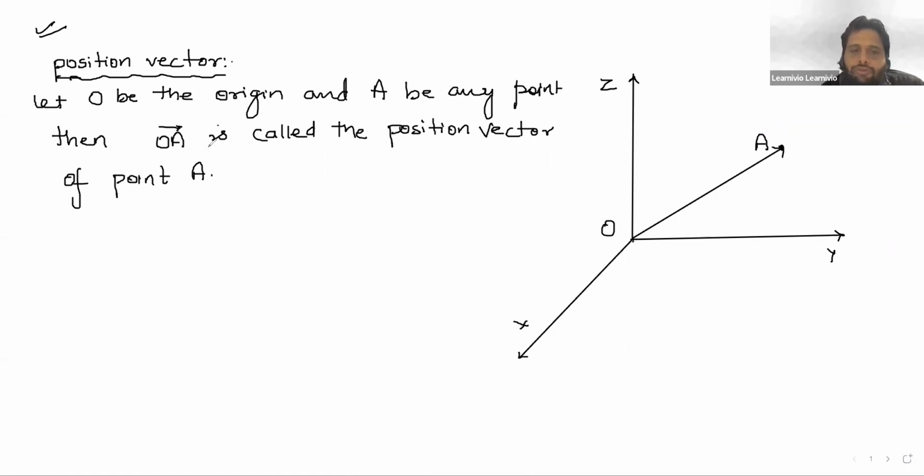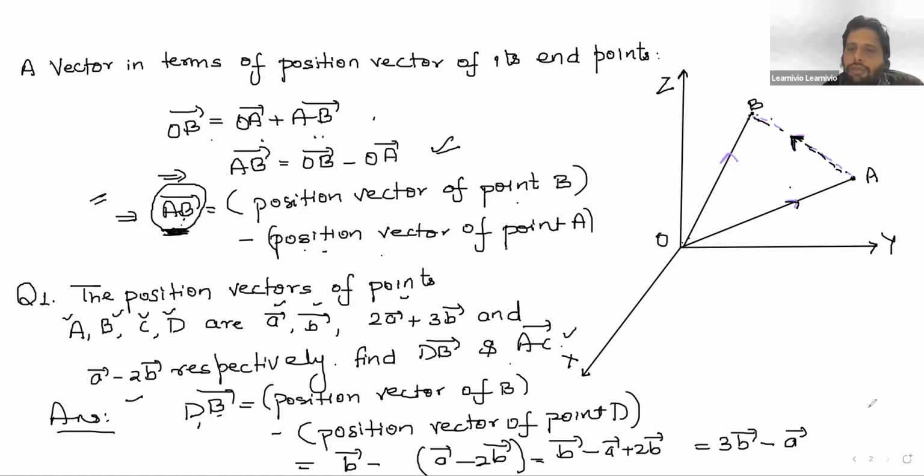So if a point is given, you can find the position vector OA. If two points A and B are given, and you need to find the vector, how will you find it? That means their position vectors will be given in the question. The position vector of A and B is given, and you need to find vector AB.